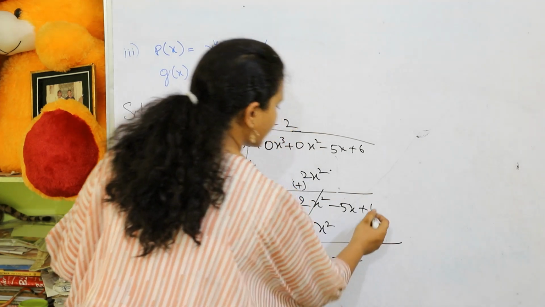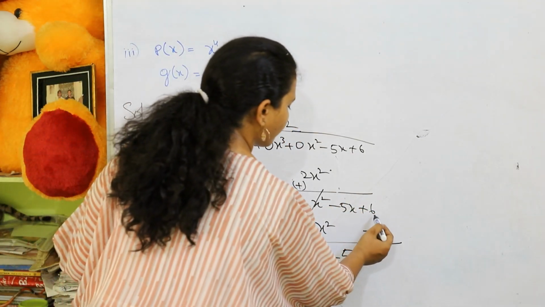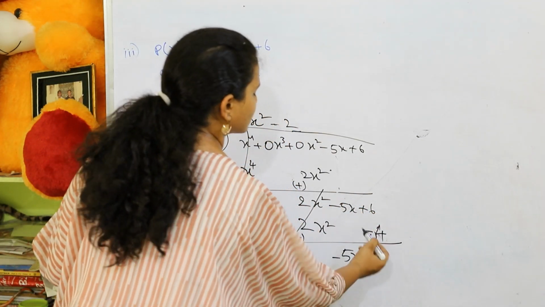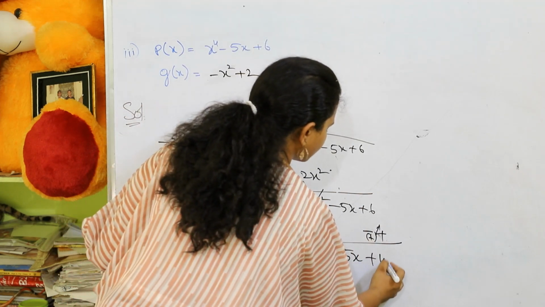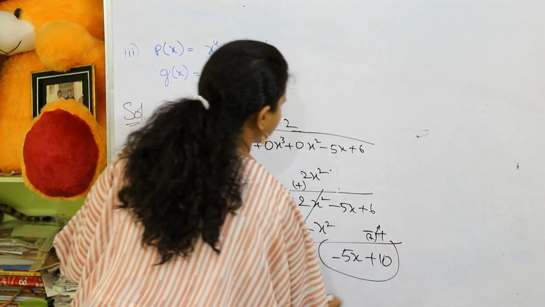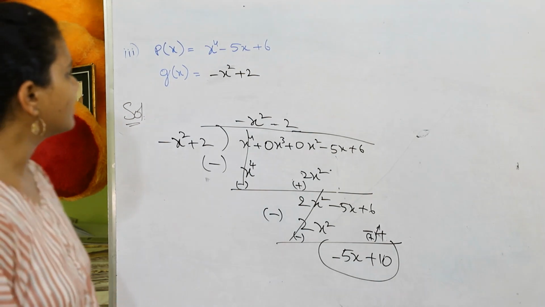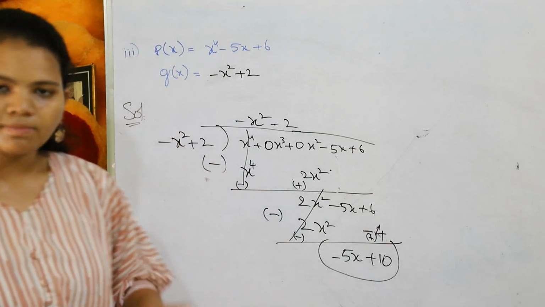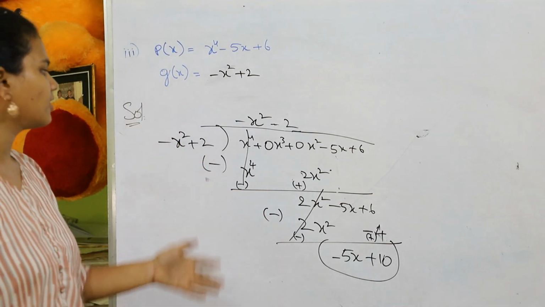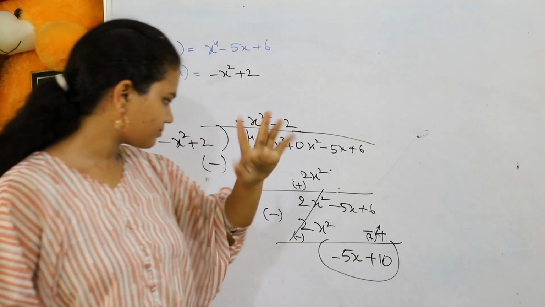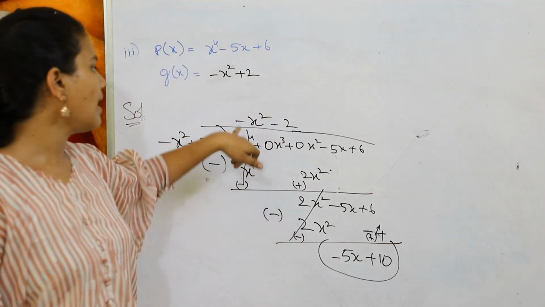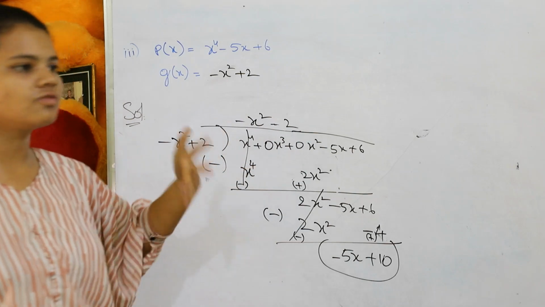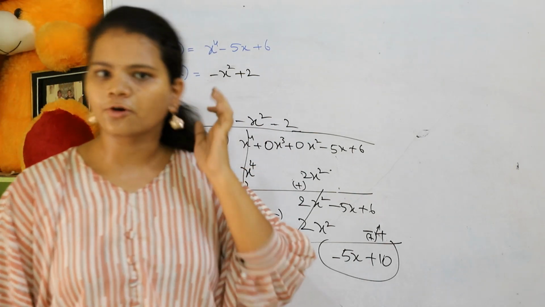What else do you have? Here you have 6 plus 4, which gives 10, so this becomes plus 10. Minus 5x plus 10 will be the remainder for this given question, so r of x will be minus 5x plus 10. And what is the q of x value? Minus x square minus 2 will be the q of x value. Clear? Hope you got it. Thank you.